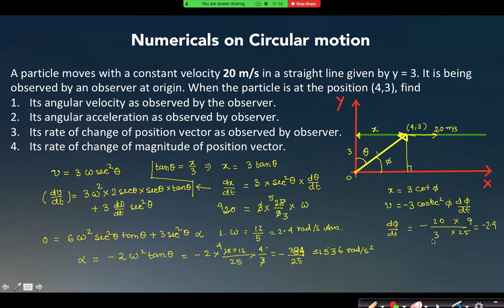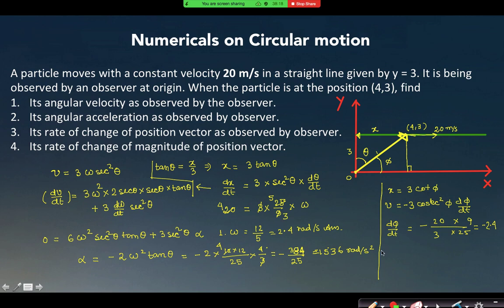What about alpha in the case of d phi by dt? If I further differentiate it, what will I get? Try to solve this at home, and check whether alpha is again minus 15.36 or plus 15.36.